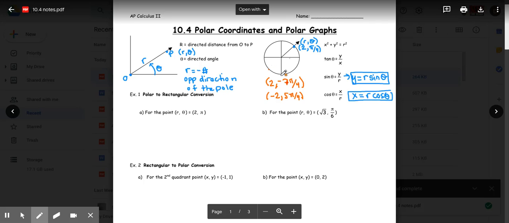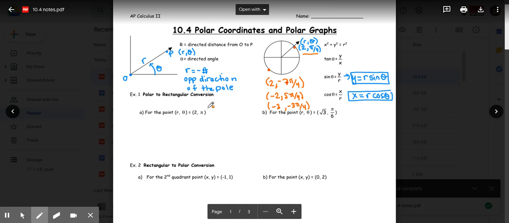So we went forwards to get to this point. What if we went backwards to get to the point? That would be -3 pi over 4, and we would still be going a directed distance of -2 because we're going backwards from there. So there are 4 ways to represent this point right here. Here's one of them, and here are the other 3.